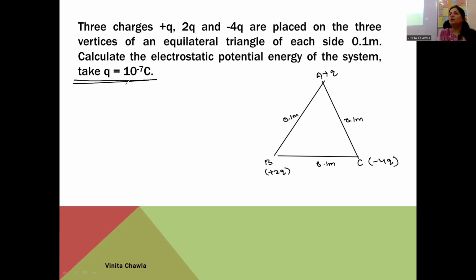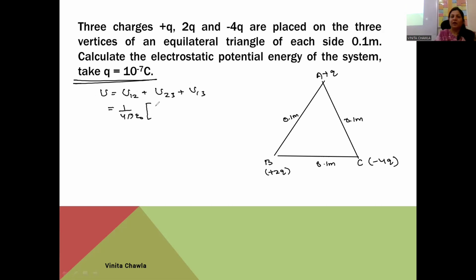See, we have done electrostatic potential energy of multiple charges, of three charges specifically. Then how do we find it? If we have three charges, then the electrostatic potential energy is the potential energy due to 1 and 2. We consider all the possible pairs: 1,2, 2,3, and 1,3. So 1 upon 4 pi epsilon naught we can take common.